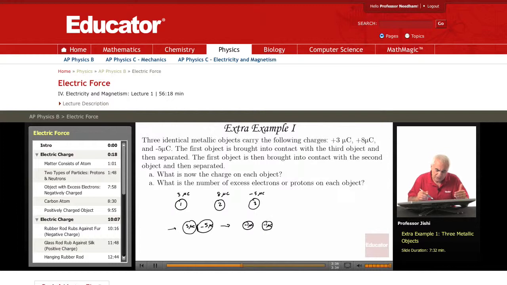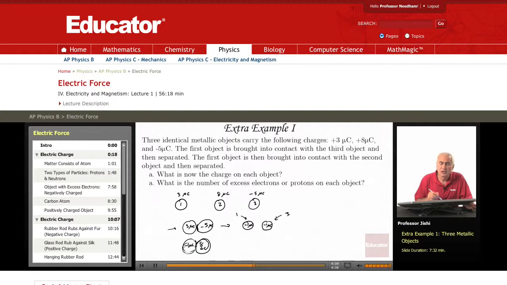Now this is number 3, this is number 1. Now I take the first object and put it in contact with the second object. So I have the -1, and I put it in contact with the second, which is 8. They're identical, so they have the same size: -1 and 8 microcoulombs.